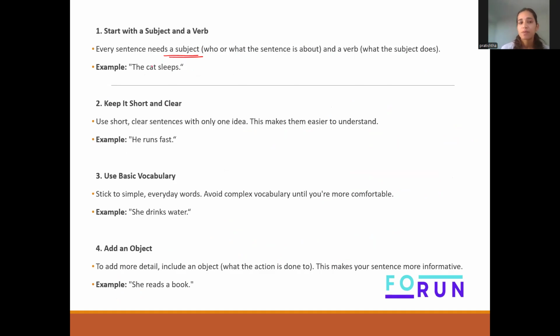The cat sleeps. Now, this is my subject and this is my verb, right? Subject and verb. Now I can just add information to it. The brown, cute cat sleeps peacefully on the mat.